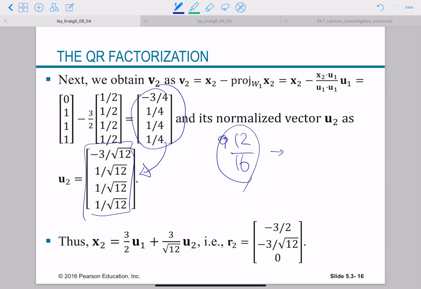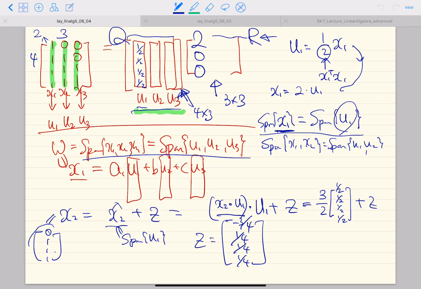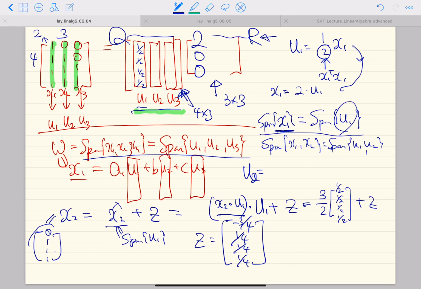So we just divide by this guy, it's a square root and reciprocal, right? So u2 is this z2 divided by the length.